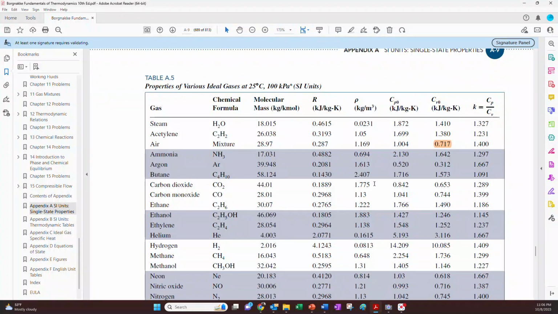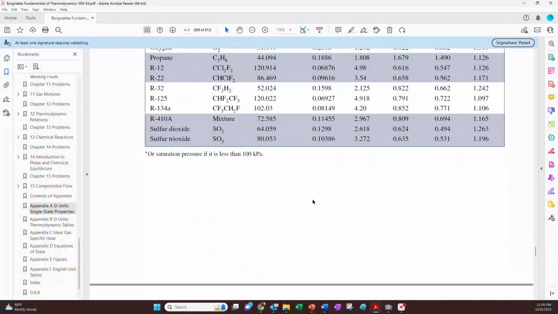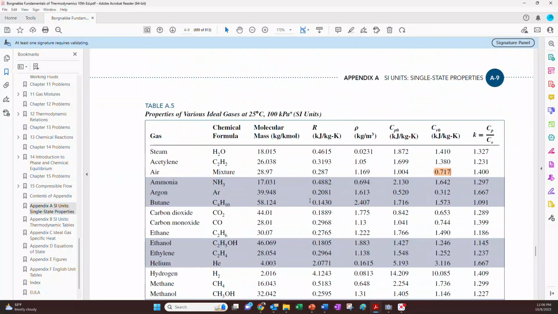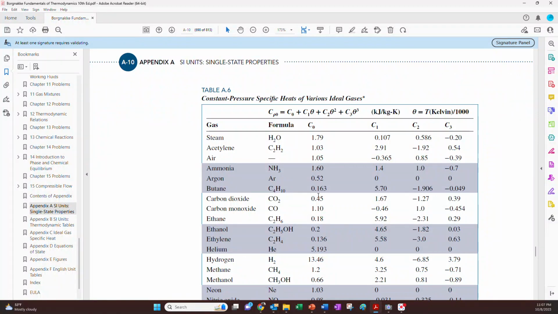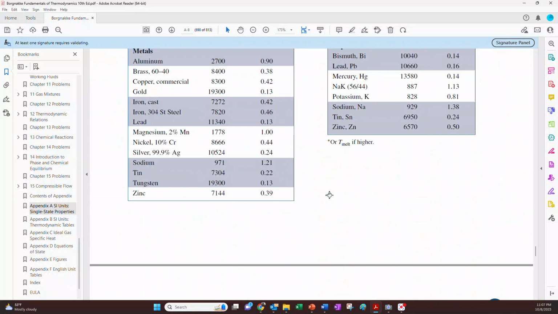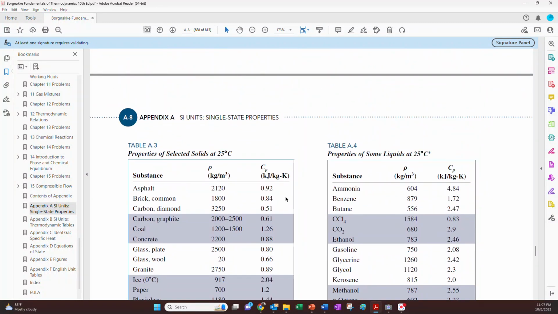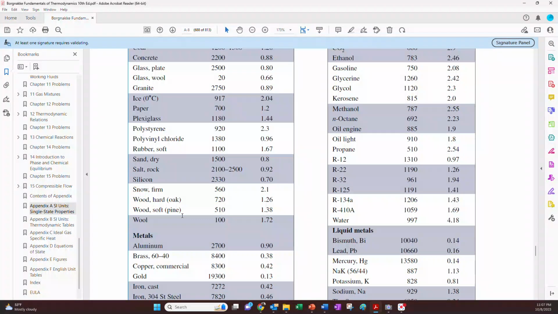There you go. Highlight it again. All right, so that was table A5 and table A6. That's not going to help us any. Right here, table A3 and A4. We don't need liquids. Let's go over here. Look, they give us pine.